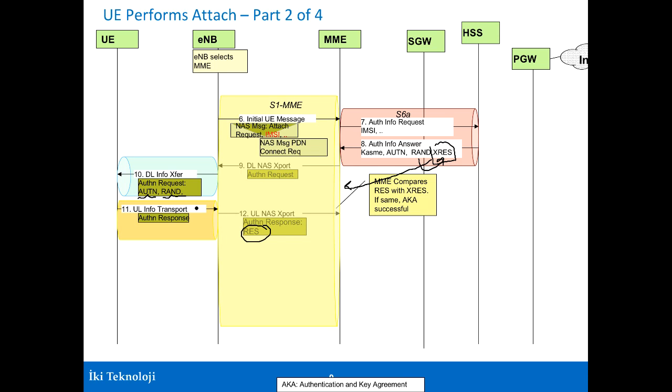Obviously, if you're not Mehmet and you got this random value, you could try your luck in sending in a RES, but your RES would, with very high probability, not match the XRES, and the system will say, "Sorry, you're not allowed to browse the web." But let's assume that this is now successful. So we have essentially authenticated the user, that this is really Mehmet, who he says he is.